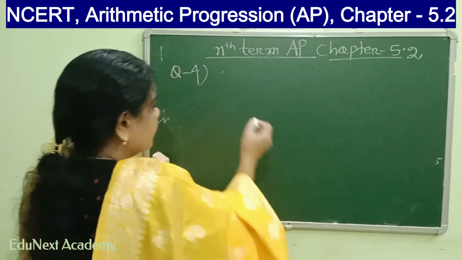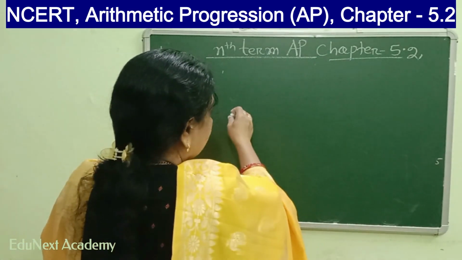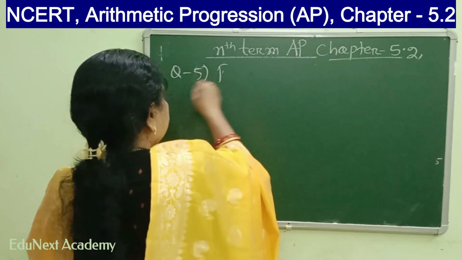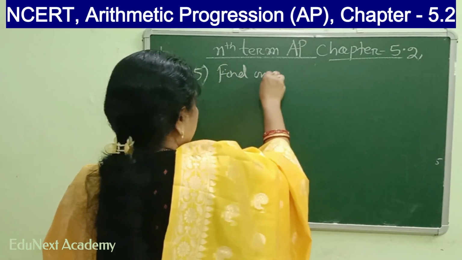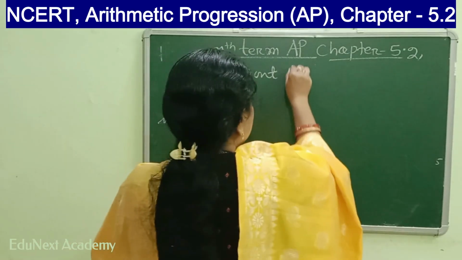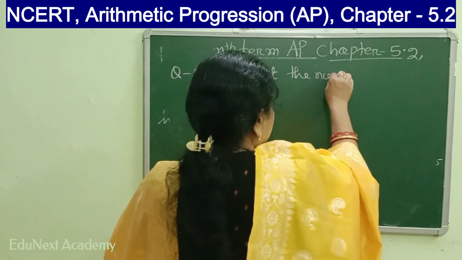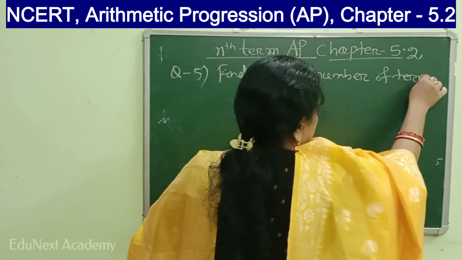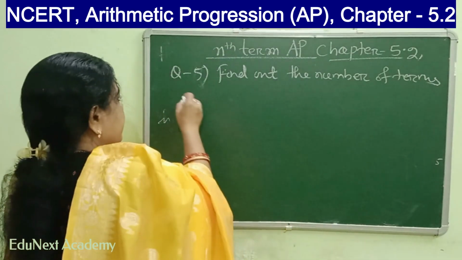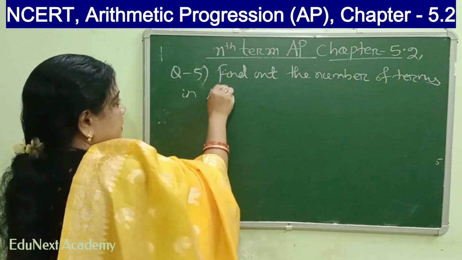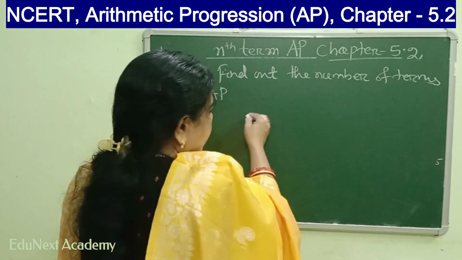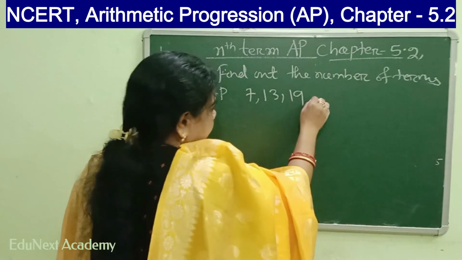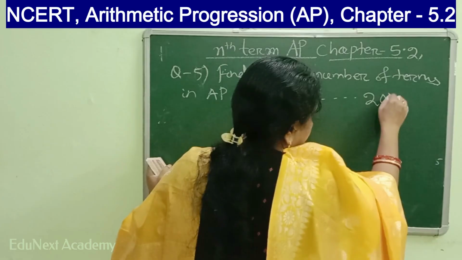We have to find out the number of terms. So question number 5: find out the number of terms in the given AP. The AP is given as 7, 13, up to 205.